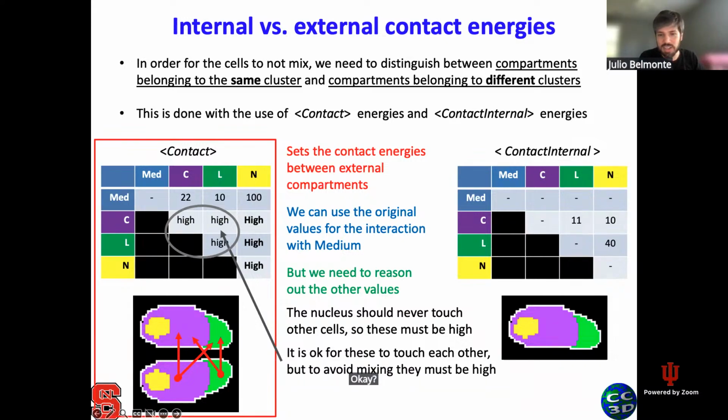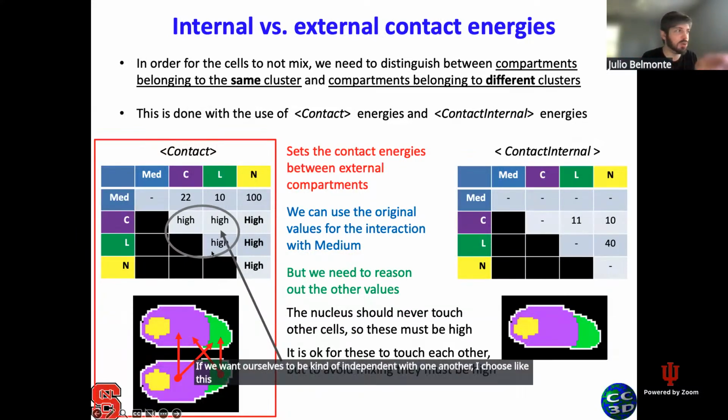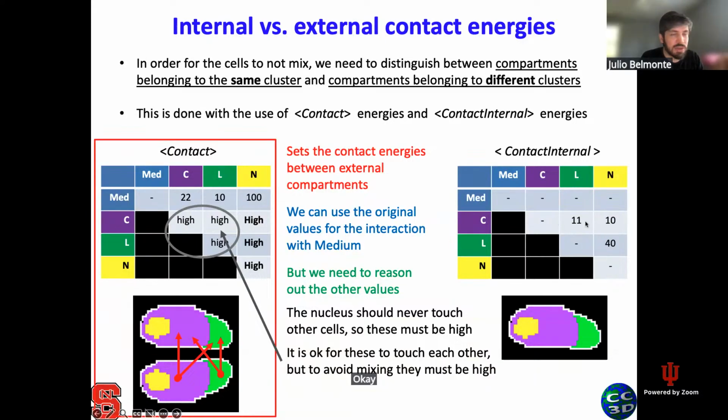So that's a choice. You see that we first have to make a qualitative guess of how they should look. If I want our cells to be independent of one another, I choose like this. If I want them to couple, then I'm going to use this to be low, okay? But not as low as these internal ones, right? Because you don't want them to mix.